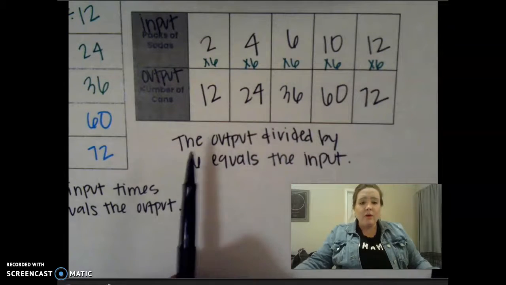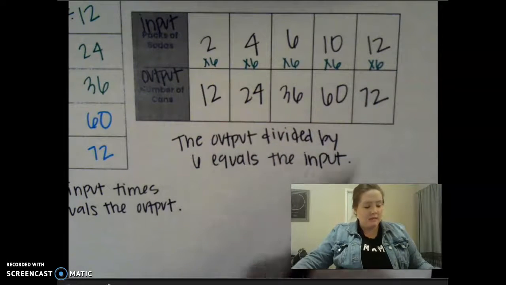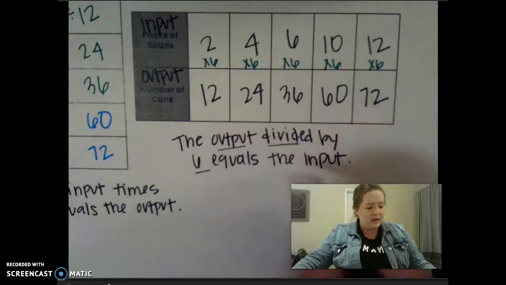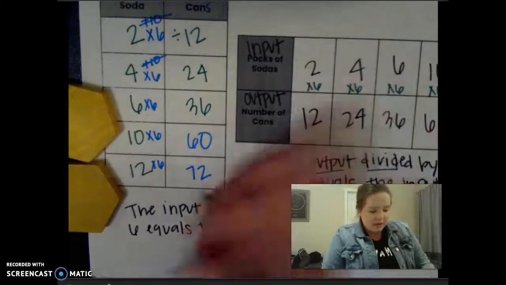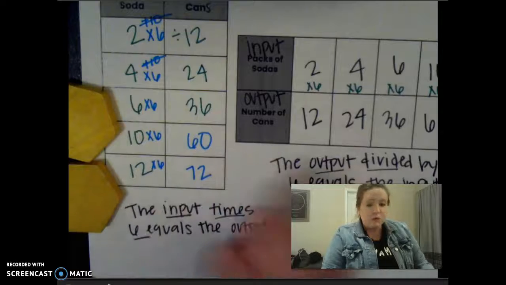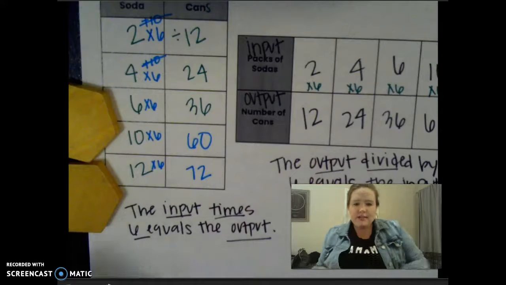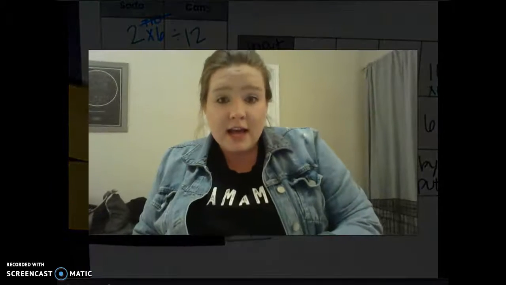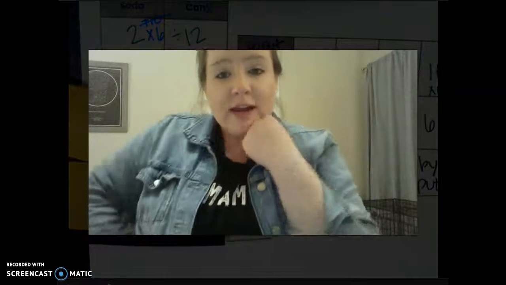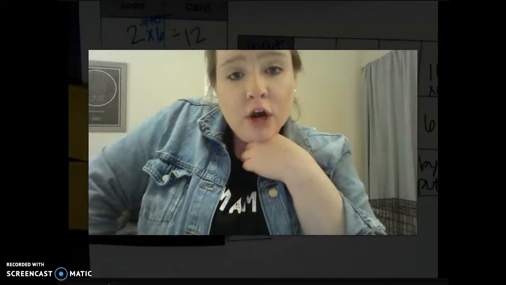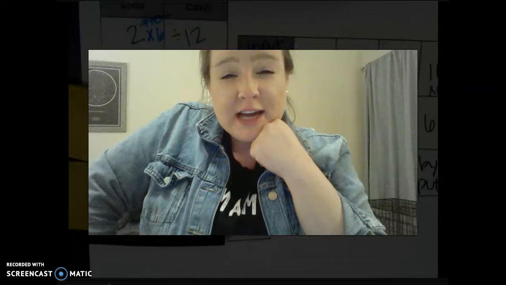Okay? The output divided by 6 equals the input. The input times 6 equals the output, okay? So it is important that we recognize going from the input to the output and output to the input.